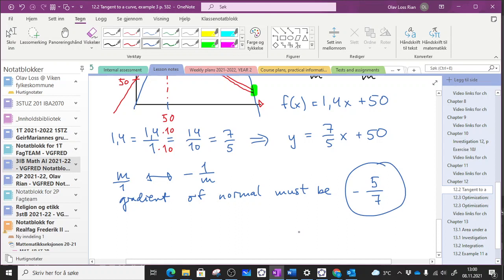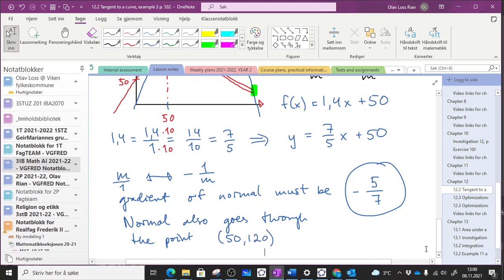Now, the two lines go through the same point. So the normal also goes through the point that we found before, 50, 120.